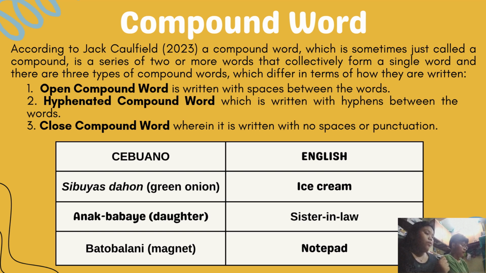So in Cebuano language, compounds, also called linangkob nga pulong, mostly use open or hyphenated structures to keep their meaning clear, such as sibuyas dahon, which means green onion in English, or anak babaye, which means daughter in English. Meanwhile, in general American English, compounds follow all three patterns and function mainly as nouns or adjectives, as seen in ice cream, sister-in-law, and notepad.